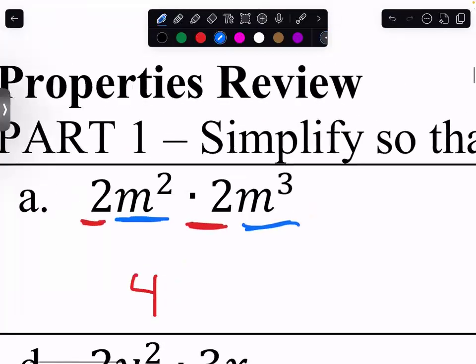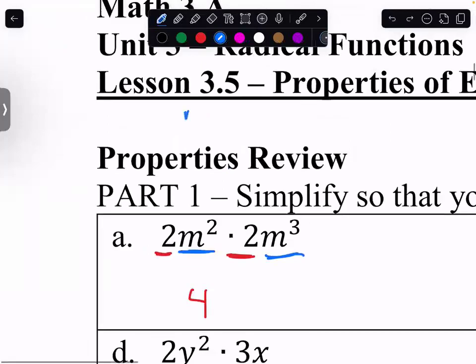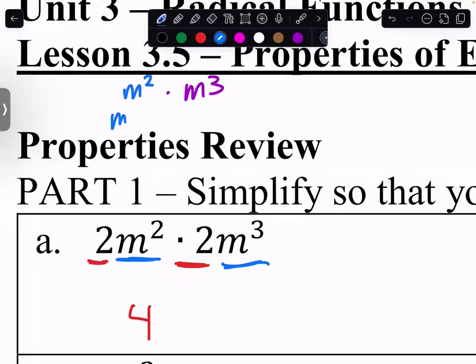So if you ever forget the rule, like, do I add the exponents or do I multiply them? My advice would be to write it out without an exponent. For example, m squared we know means 2 m's multiplied together, and m to the third power means 3 m's multiplied together.